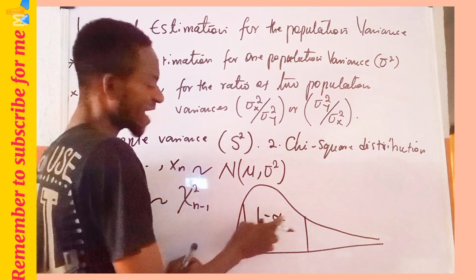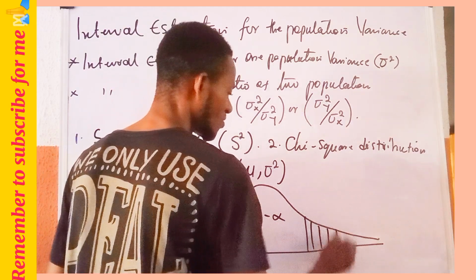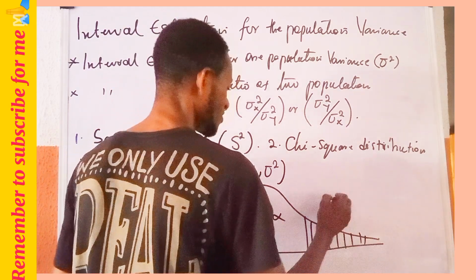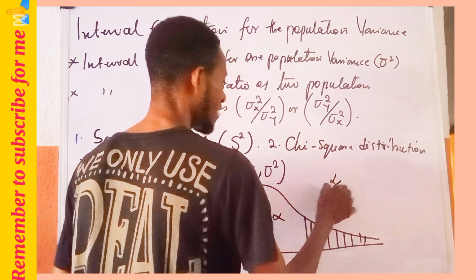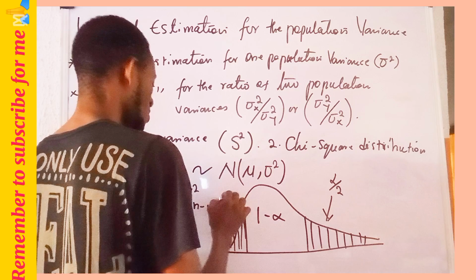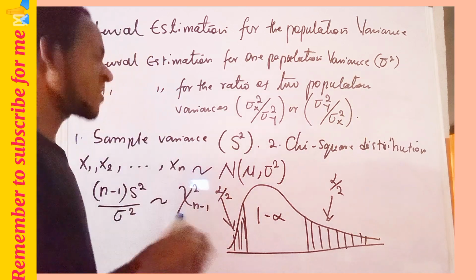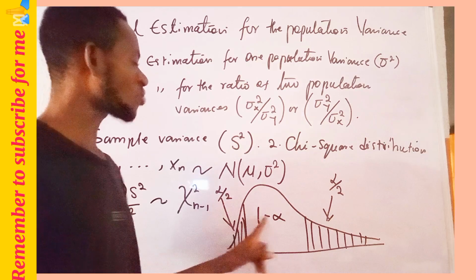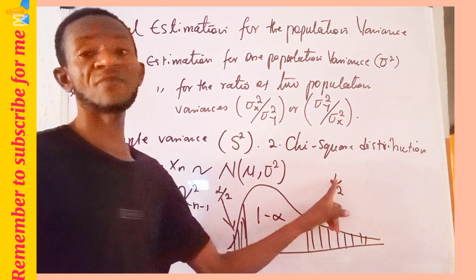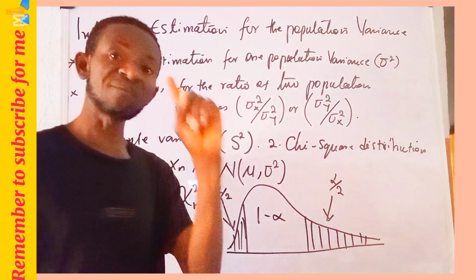So if this center is 1 minus alpha, it implies that these tails, which are these shaded regions, become alpha over 2 here and equally alpha over 2 here. So at the moment you say alpha over 2 plus 1 minus alpha plus alpha over 2, you arrive at 1, which of course is a probability value.